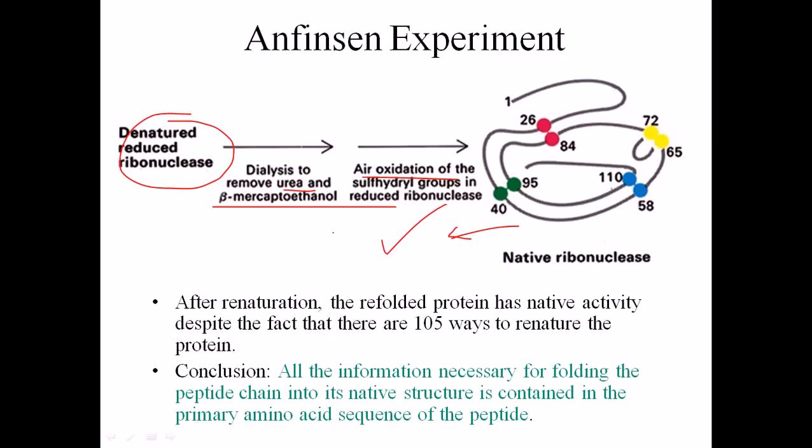By looking at this, we can conclude that all the information necessary for protein folding is not incorporated in the secondary, tertiary, or quaternary structure. Rather, all the information necessary for protein folding is incorporated in its primary sequence. So the primary sequence has it all.